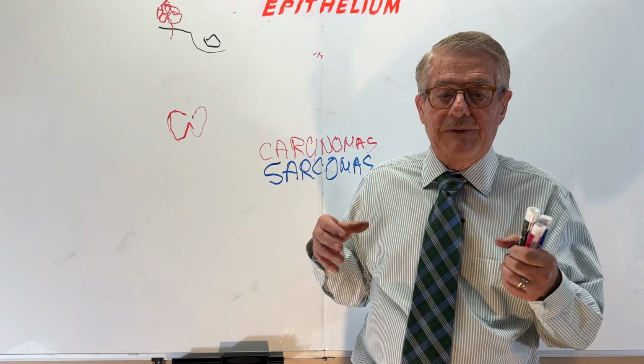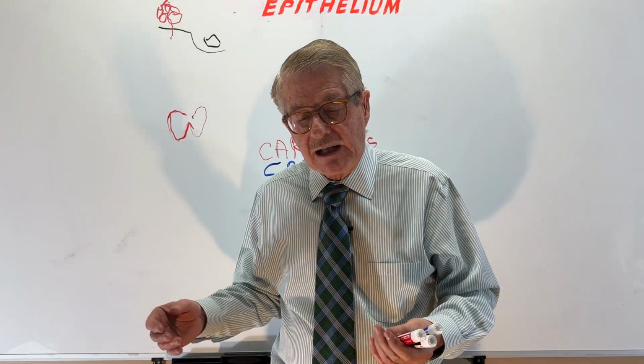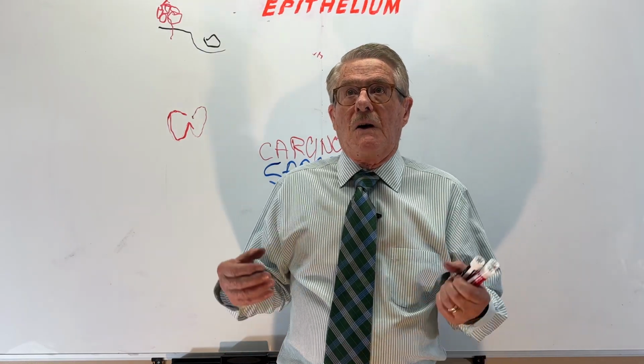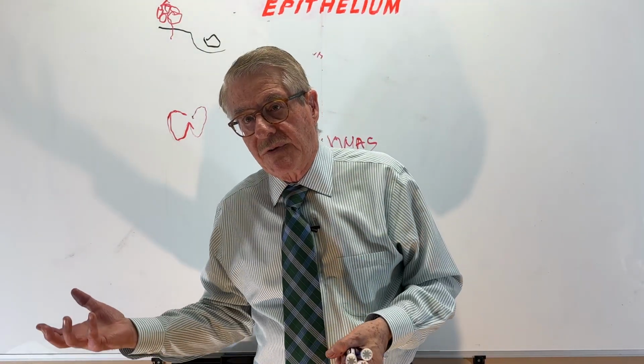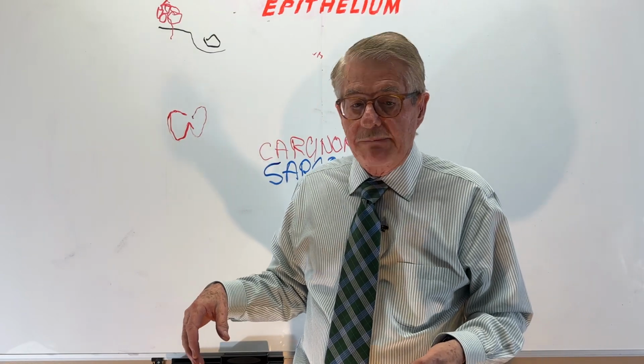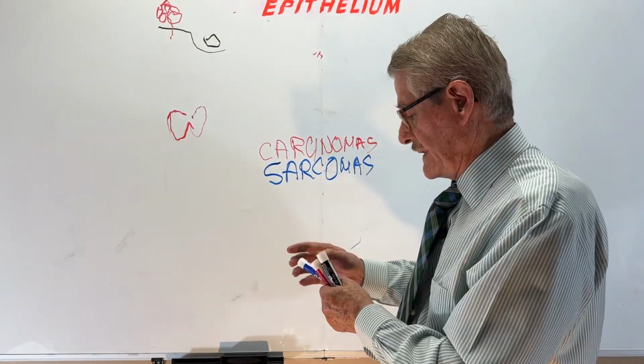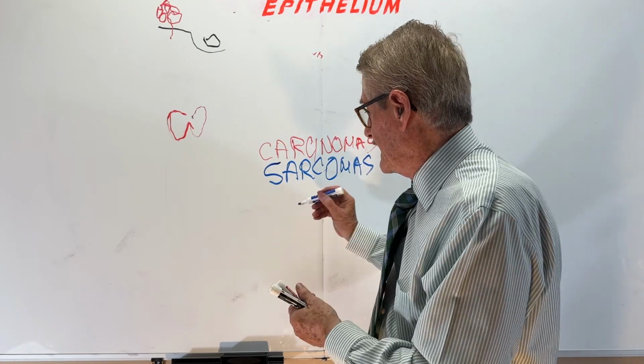I don't want to go into details with them, but in the case, for example, of the tumor arising from the fat, it would be liposarcoma. Of course, we have other types of tumors, such as, for example, the lymphomas.